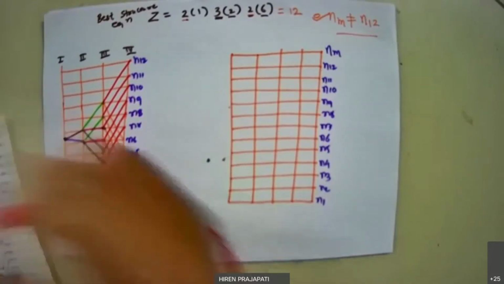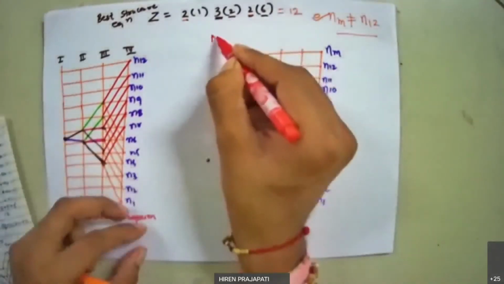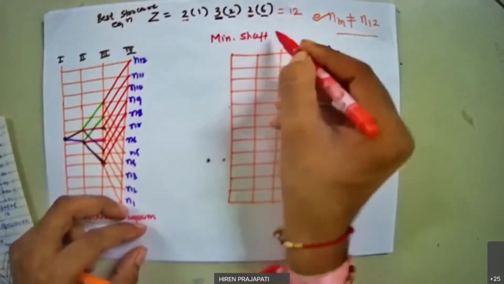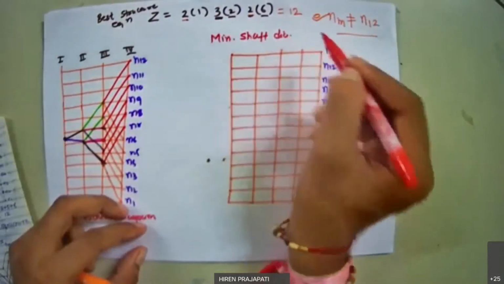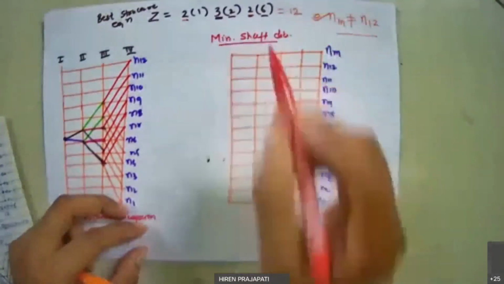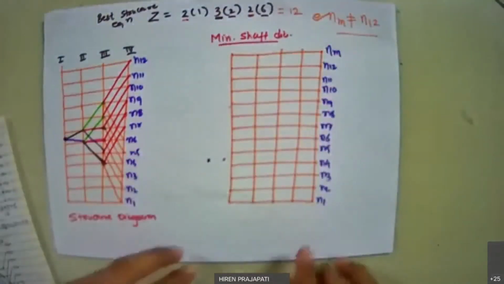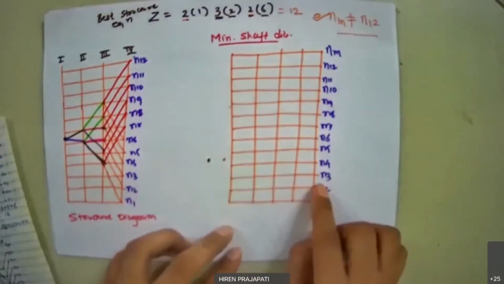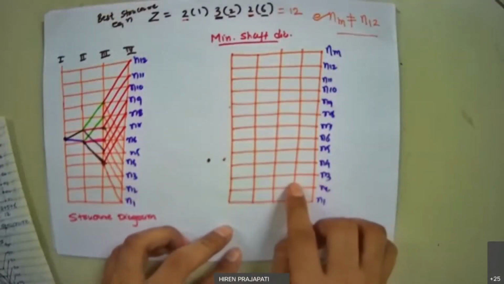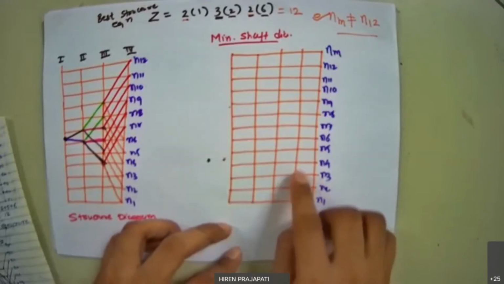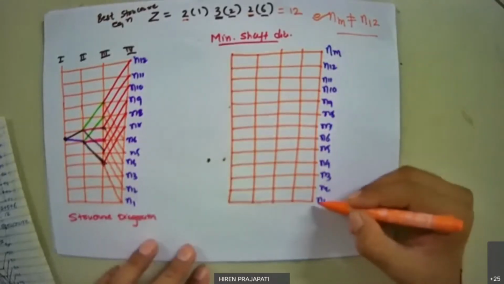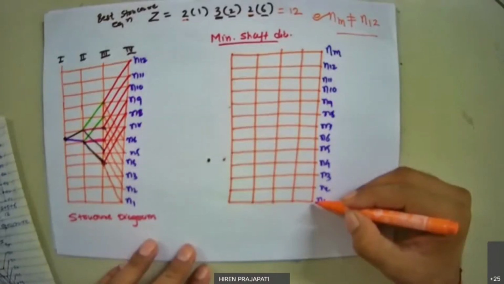We are applying the minimum shaft diameter criteria, right? Based on this criteria, we always need to arrange such that the node on the input shaft of a particular stage should remain on the high speed, right? So I pick N1 first of all.